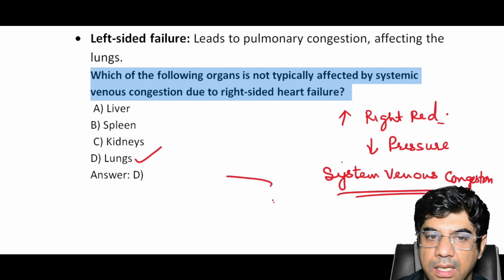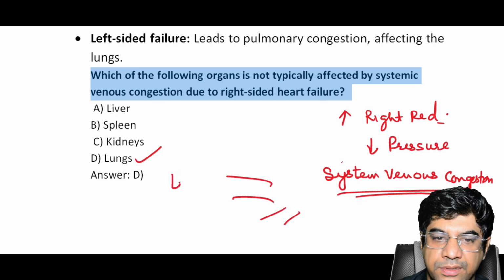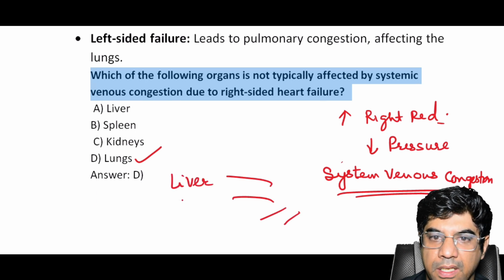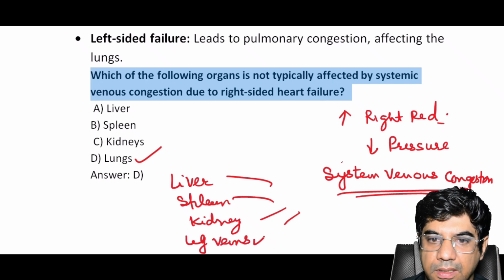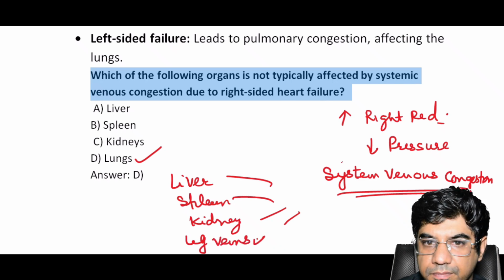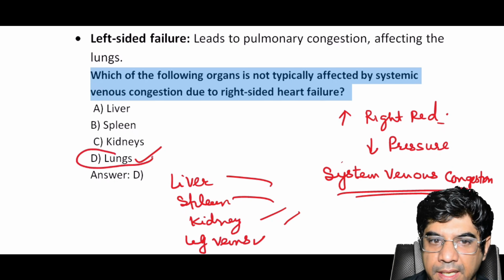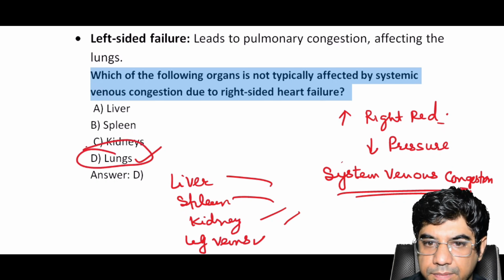So this systemic congestion involves organs like liver, spleen, kidney, and the leg veins. So the answer here would be lungs.